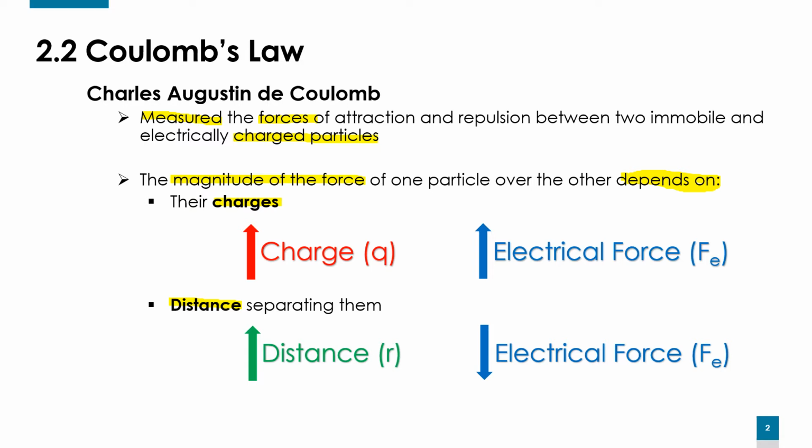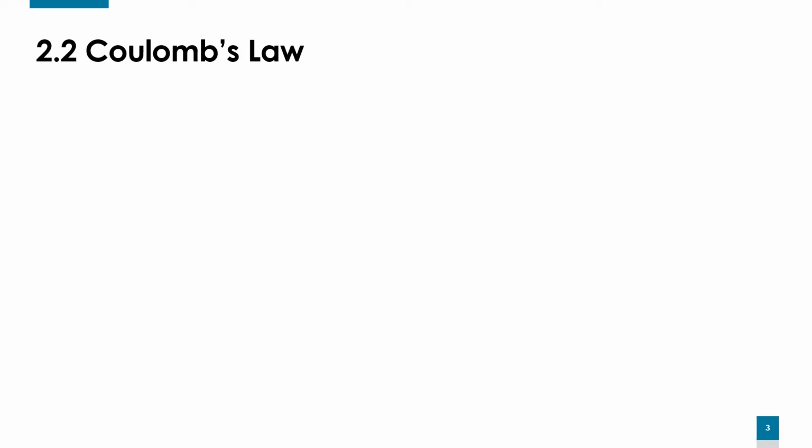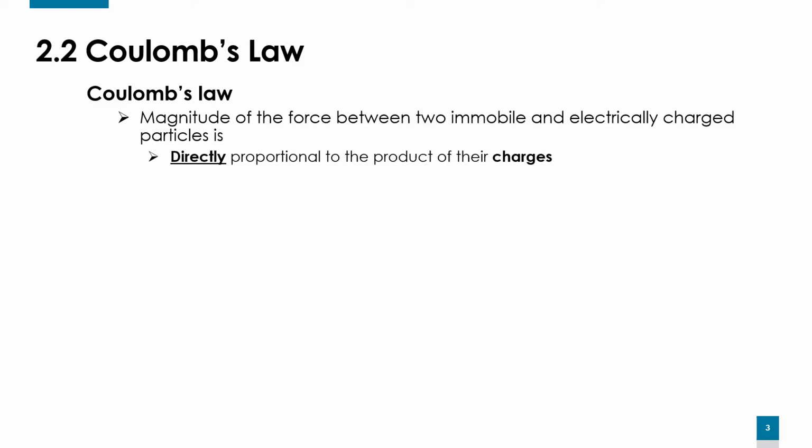So again, the magnitude of the charge is directly related to the electrical force. So the higher the charge, the higher the electrical force. And the distance is inversely proportional. So the higher the distance, the lower the electrical force. Okay? Is that clear so far? So, in summary, the magnitude of the force between two immobile and electrically charged particles is directly related to their charge.